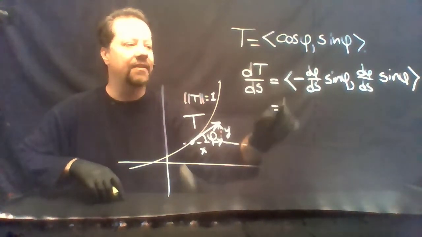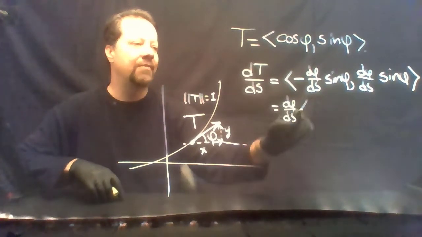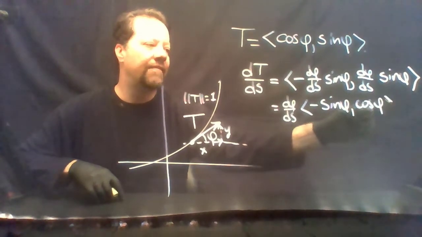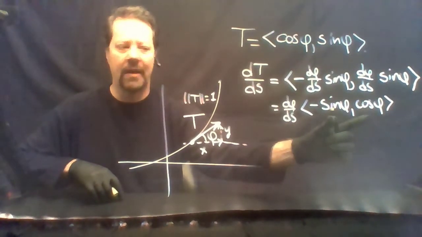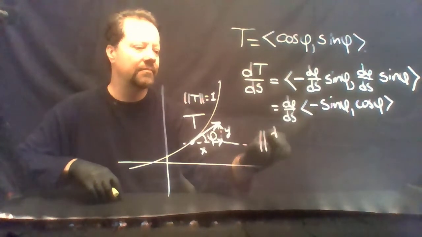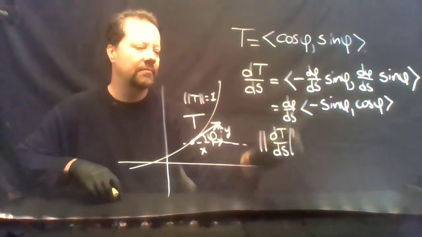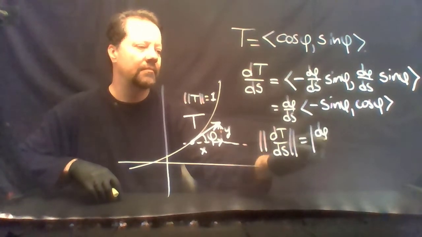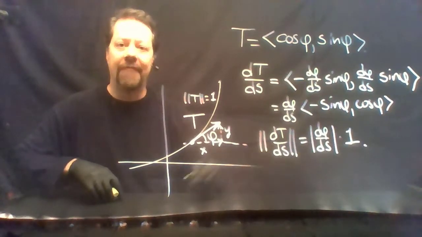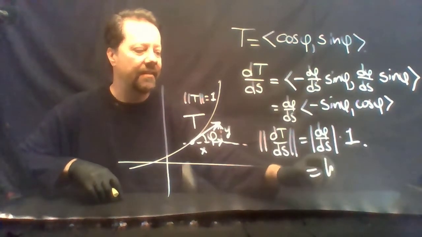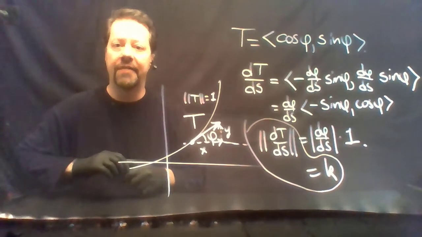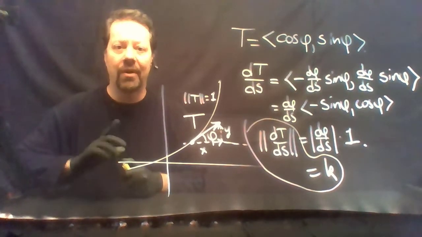Note that we can factor d phi ds out, and we'll just end up with a minus sine phi, comma, cosine phi. The vector has norm 1. Scalars can come out of norms in absolute value. The absolute value of d phi ds is the curvature. So the curvature is the norm of the derivative of the unit tangent vector with respect to arc length.